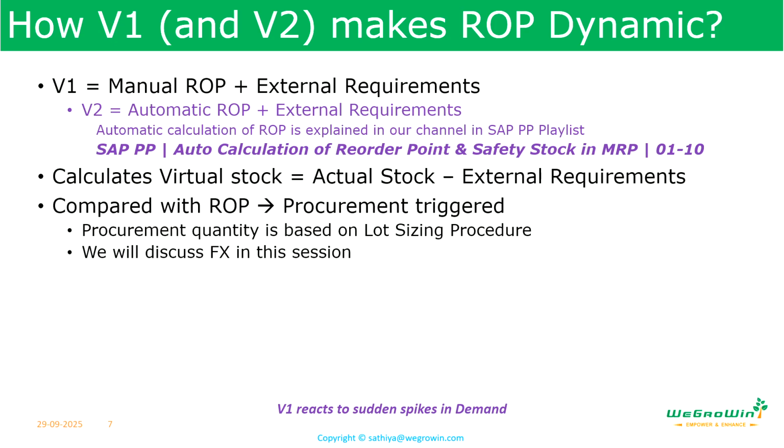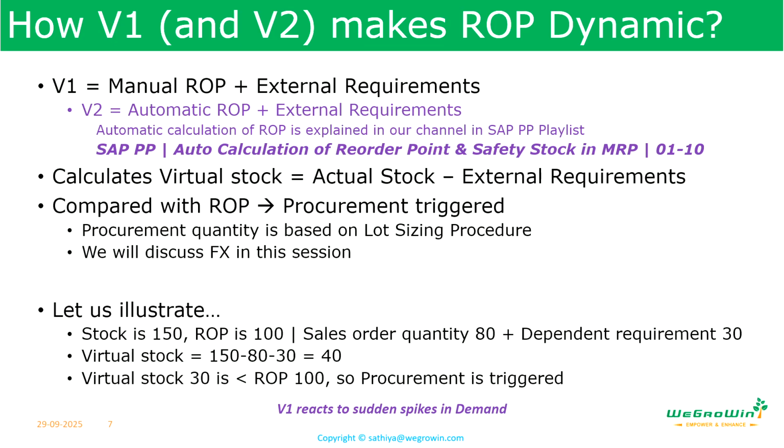MRP type V1 calculates virtual stock by reducing the external requirements from sales orders, production orders, stock transfer orders, etc. from the available stock. Then this virtual stock is compared with the reorder point. If the virtual stock is below the reorder point, procurement is triggered. Let us illustrate. Current stock is 150 units with ROP defined as 100.